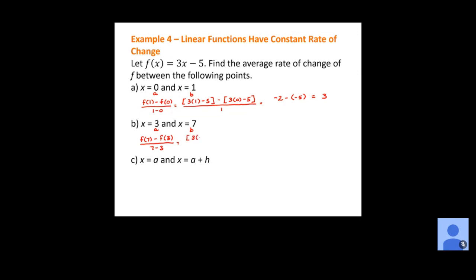So we're going to have 3 times 7 minus 5, and then minus 3 times 3 minus 5, all over 7 minus 3, which is 4. All right, so now what is 3 times 7 minus 5 going to give us?